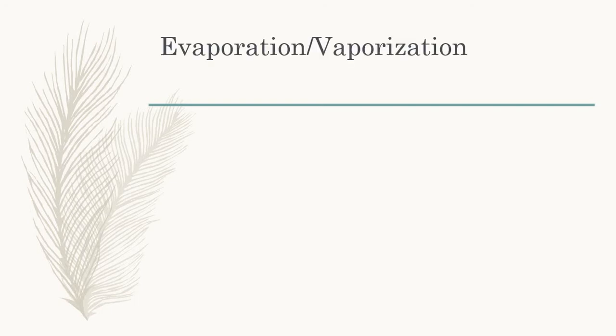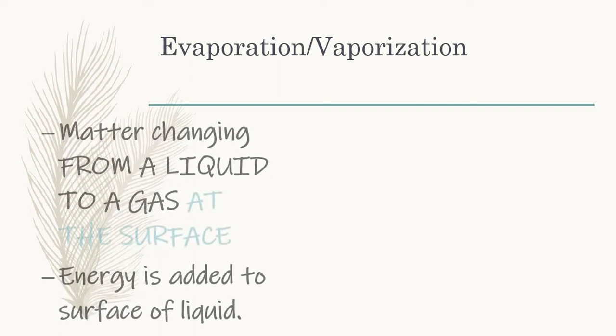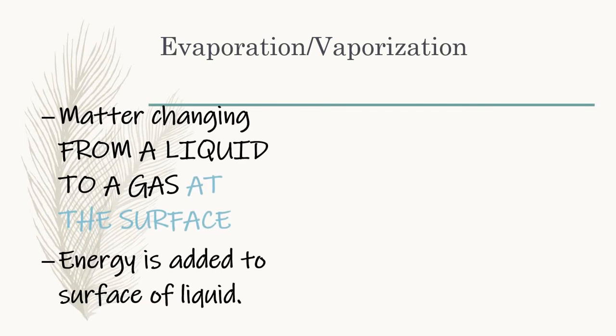We have also evaporation or vaporization. It is a process by which particles of liquid escape from the surface and become vapor or gas state. It is matter changing from a liquid to a gas at the surface. And energy is added to the surface of the liquid.